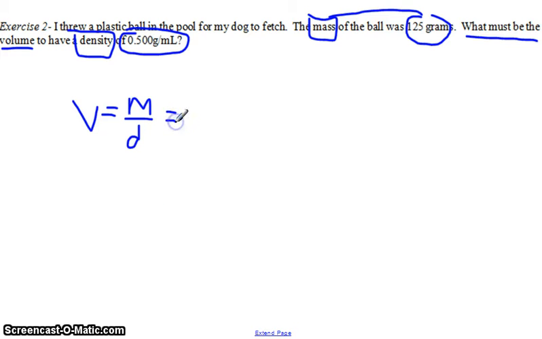Going back to our word problem, we see that mass is 125, so we substitute that in for M, over the density, which was 0.5. In your calculator, you would just type 125 divided by 0.5, and you get the volume is equal to 250.